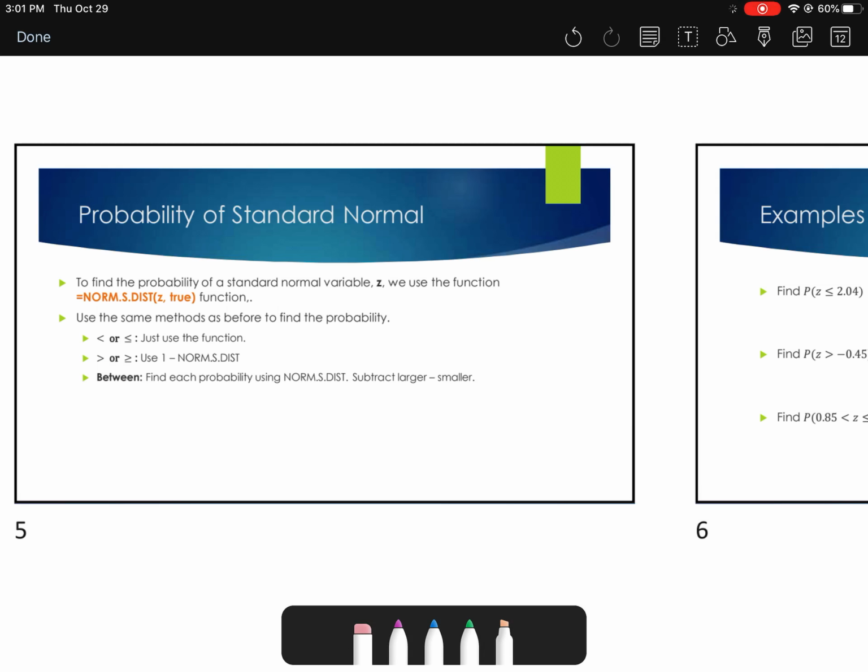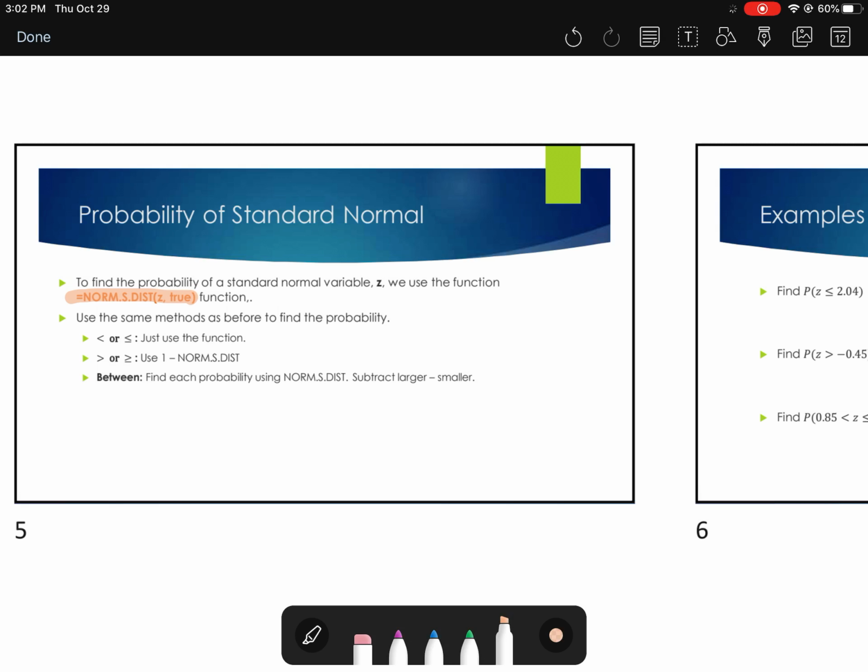So how you find the probability of a standard normal distribution. To find the probability of a standard normal variable, z, we're going to use this function here. So again, this is what you'll be putting into your Excel. Use the same methods as before to find the probability. If it's less than or equal to, you just use the function.